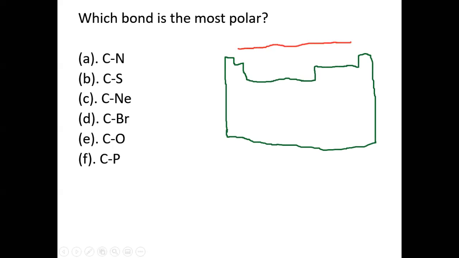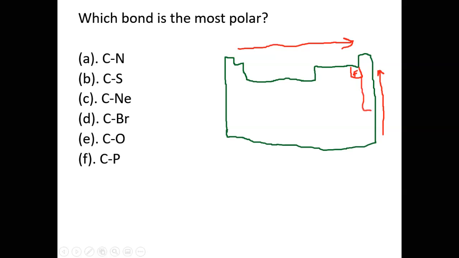And so it increases from left to right and increases up a group. So again, fluorine is the most electronegative element. So the closer you are to fluorine, the more electronegative you are. Now remember that noble gases do not have electronegativity except xenon, but it's all the way down here.